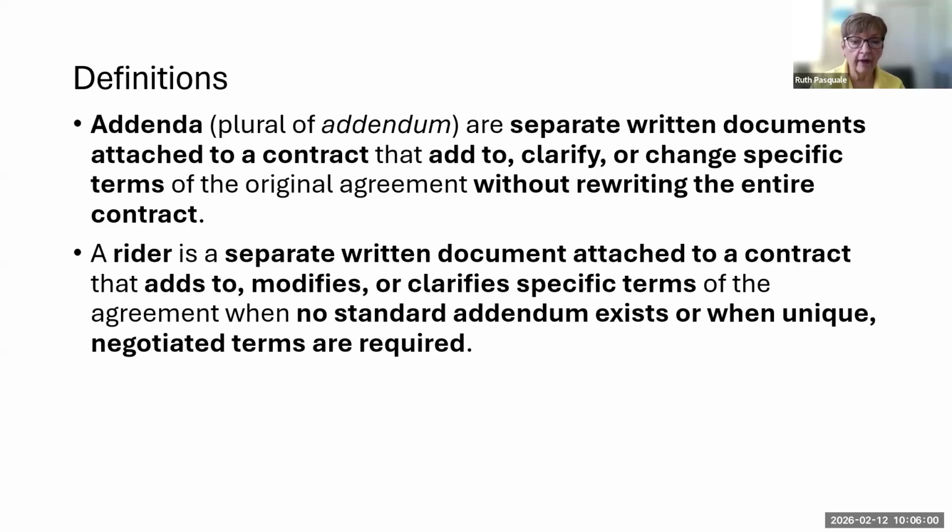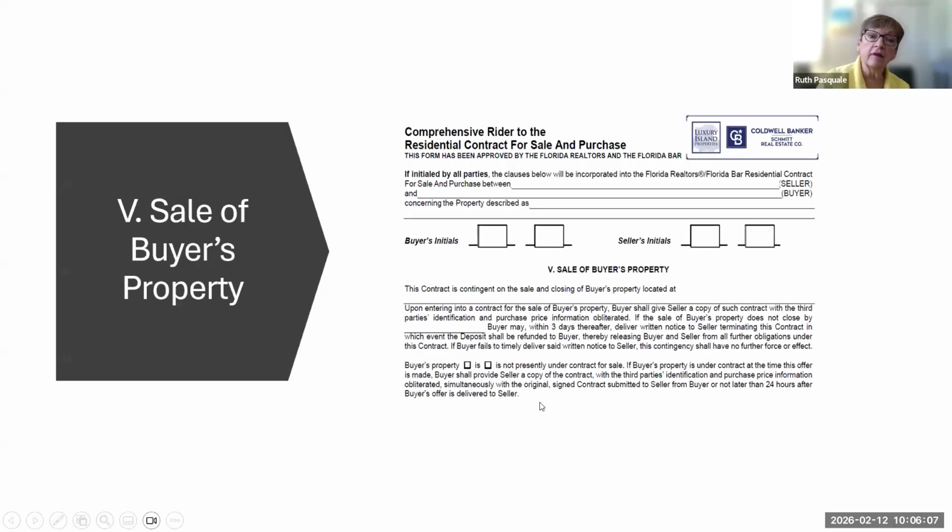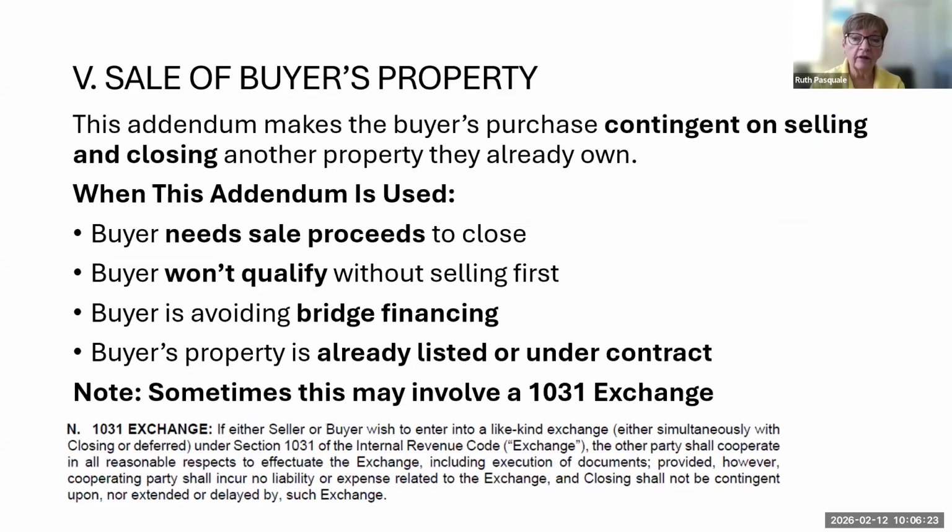So the first one we're going to talk about is the sale of buyer's property. It's Rider V, and this one you can check off. It's in that list of addenda. So I would think all of you have used this at some point in time. So what does it mean? It means that the buyer needs to sell a property in order to purchase the deal we have in front of us, right?